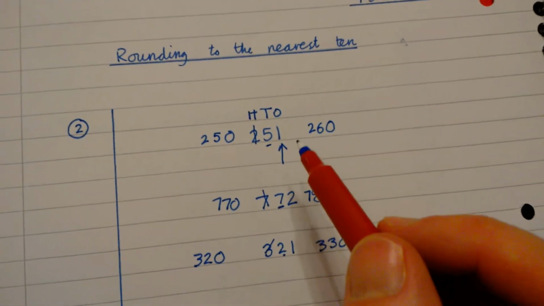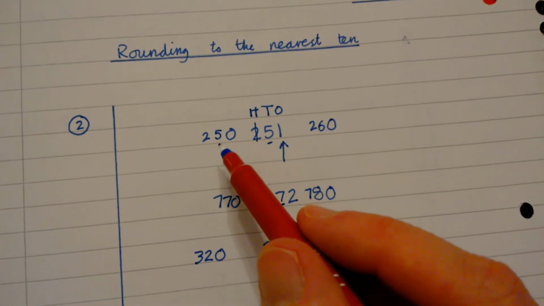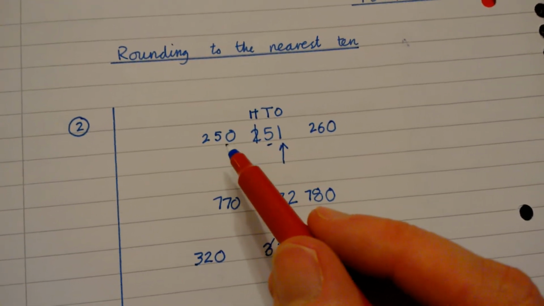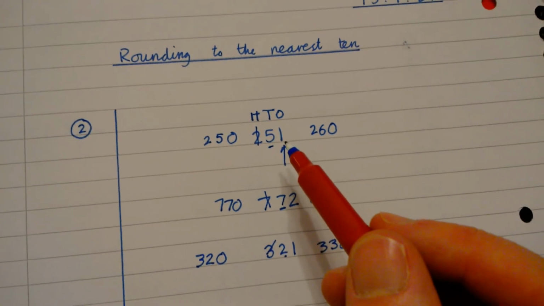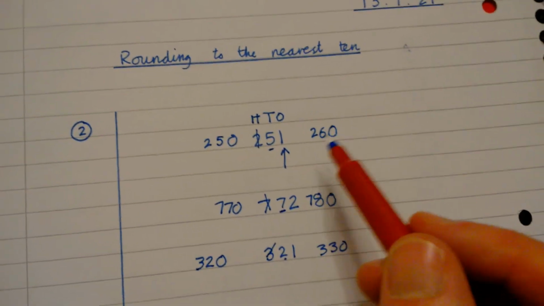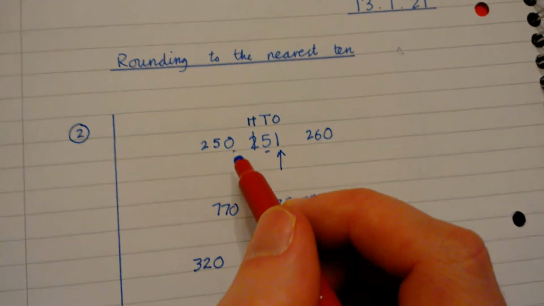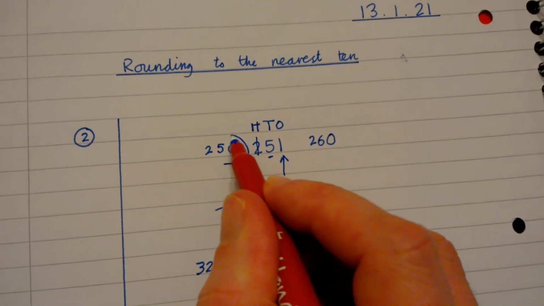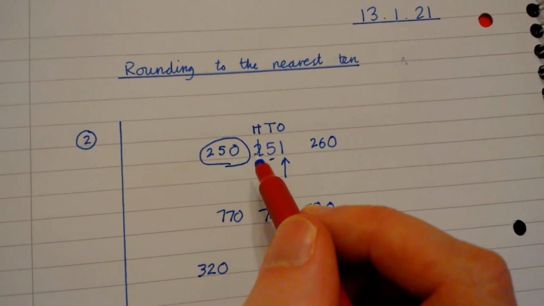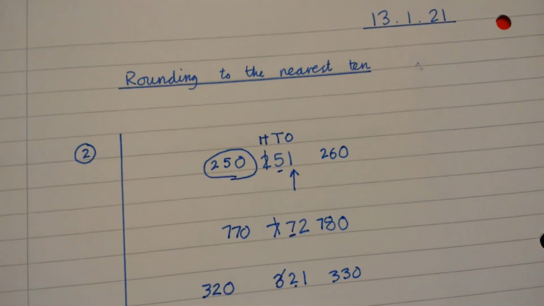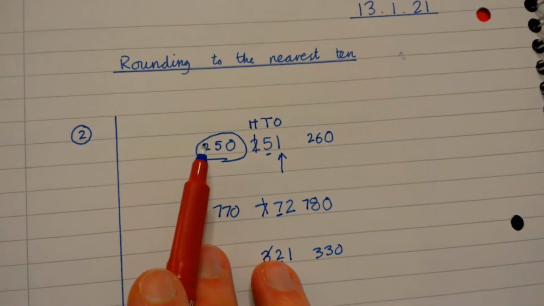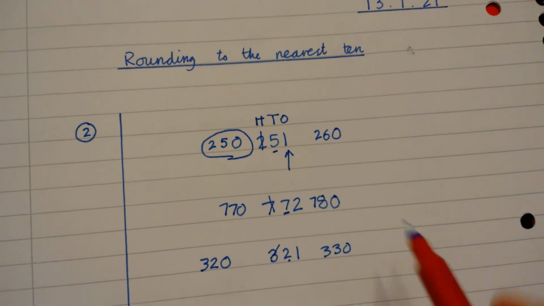If it's 4 or less, let it rest on the lower number. If it's 5 or more, let it soar up to the bigger number. Now, 1 is less than 4, so we're going to let it rest. So I'm going to circle 250. So if you were rounding 251 to the nearest 10, it would be 250. Now let's look at this number.